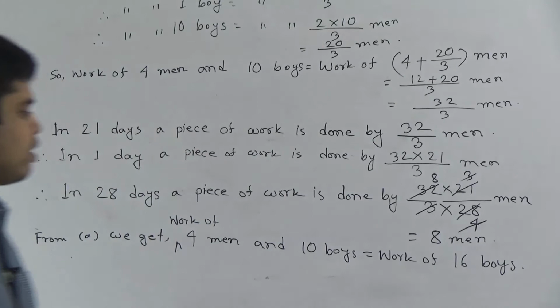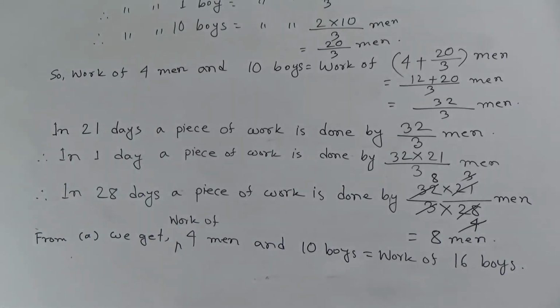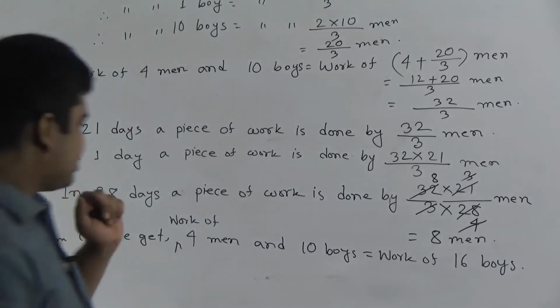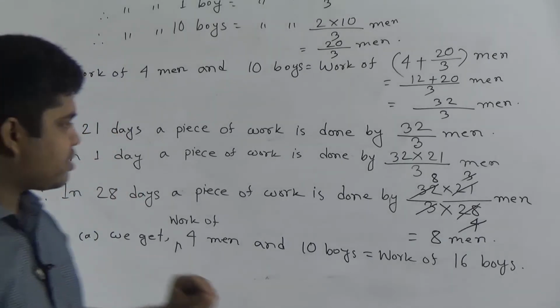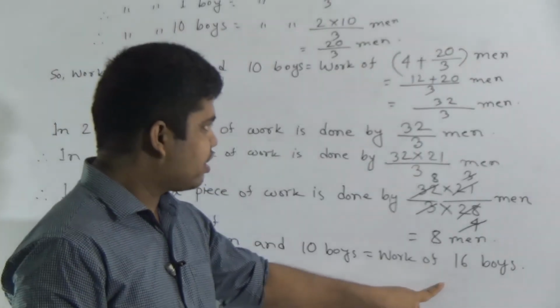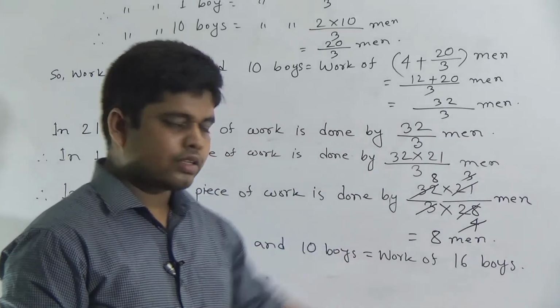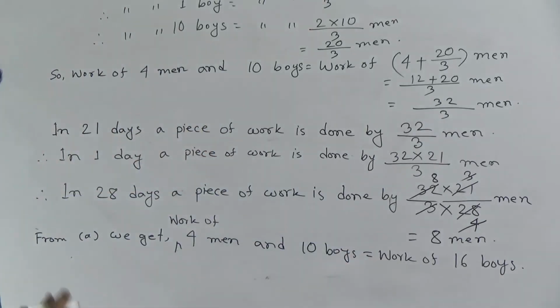Okay, work of 16 boys. Now dear students, we write in 21 days a piece of work is done by 16 boys. So in one day a piece of work is done by how many boys? So in 28 days a piece of work is done by how many boys? We need to find out.